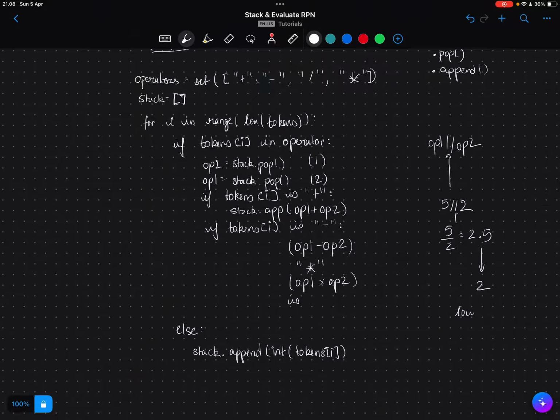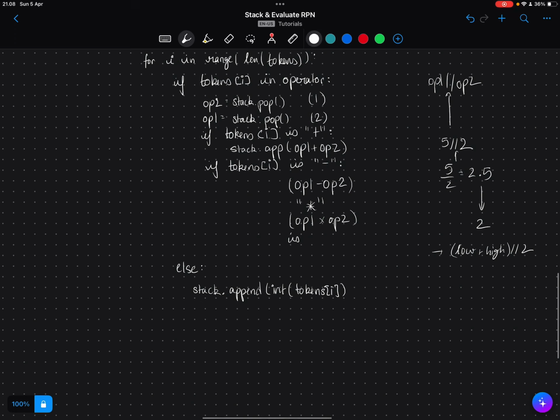You would have seen this in binary search where you do low plus high and then you divide by 2 because indexes can't be fractions. And if it is division, then like I said, you will just convert op1 by op2 into an integer, that would truncate it, or you can just do op1 by op2, and that's it.